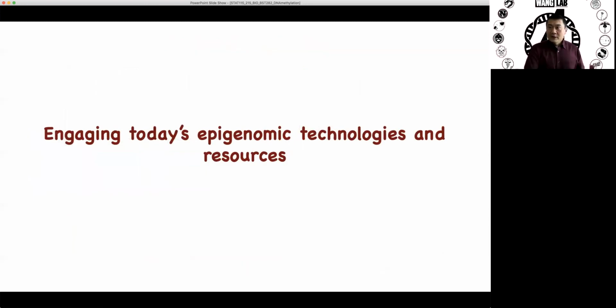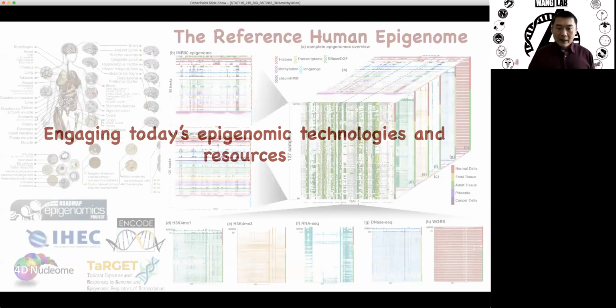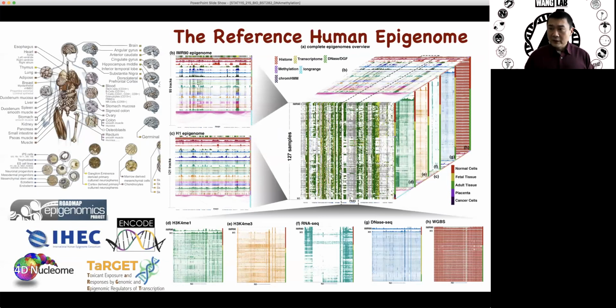Okay, just finally to wrap up, I want to introduce you to some of the resources out there. We helped build the human reference epigenome. So this is a collection of data from the Roadmap Epigenomics project, which ended a few years ago, but other consortium projects like International Human Epigenome Consortium, ENCODE, 4DN, TARGET, all these projects are continuing adding data to the collection, right?